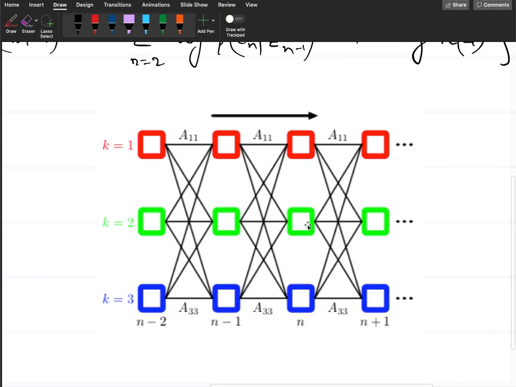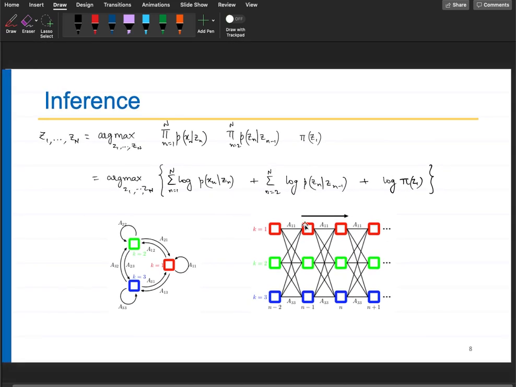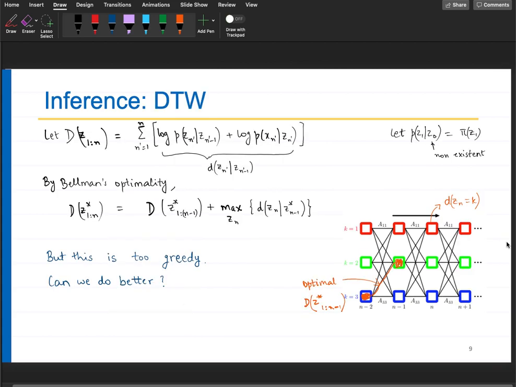How do you optimize the path if you're given a matrix or lattice, whatever, you want to find the best path which will optimize a particular cost function, then you know how to use a very greedy approach, which is DTW, dynamic time warping. This is what we are going to discuss now. So I can use dynamic time warping.